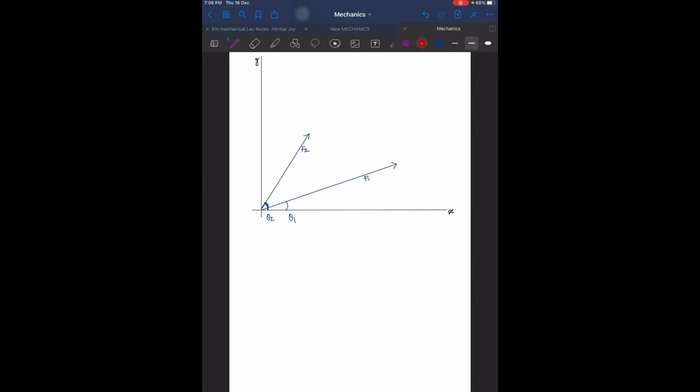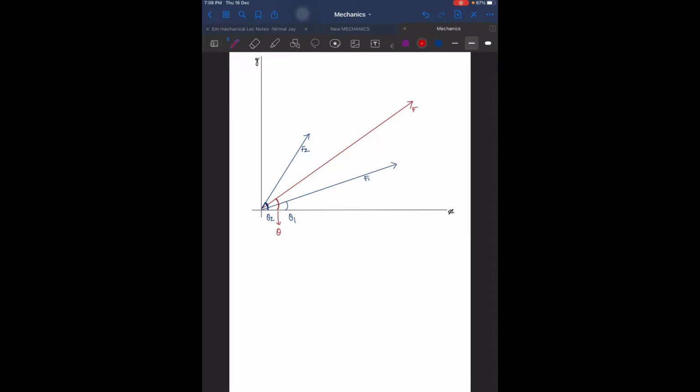Now, let us draw the resultant of these two forces, and let the magnitude of the resultant be F, and let it make theta with the x-axis or the horizontal axis.